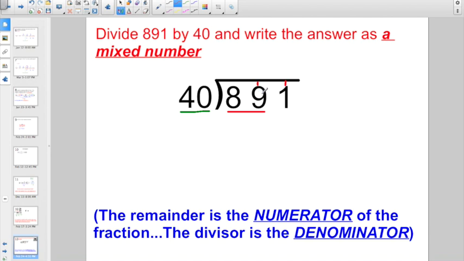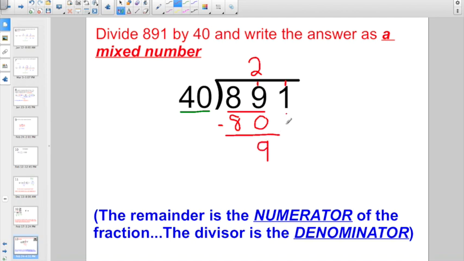So 40 divides into 89 2 times, just like 4 divides into 8 2 times, but this is 40. 40 times 2 is 80. Go ahead and subtract 89 minus 80. That's going to give us 9, right?